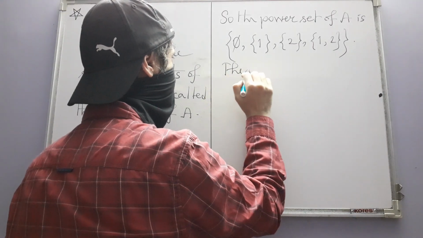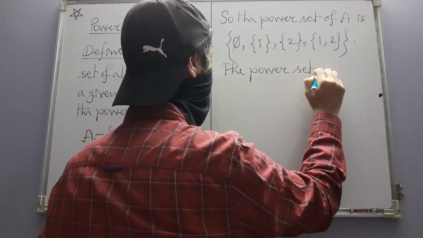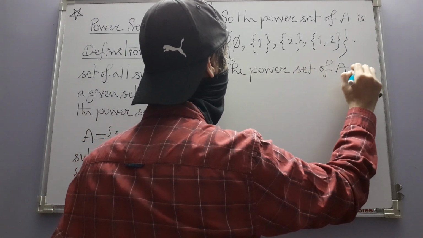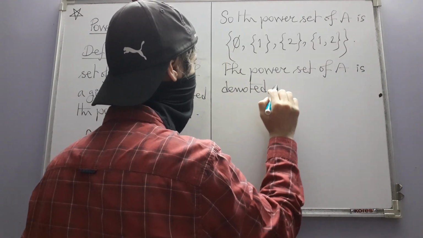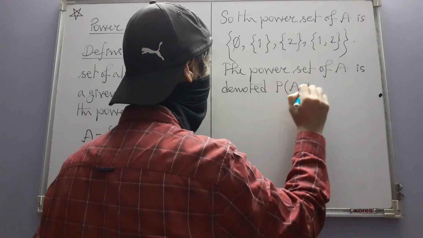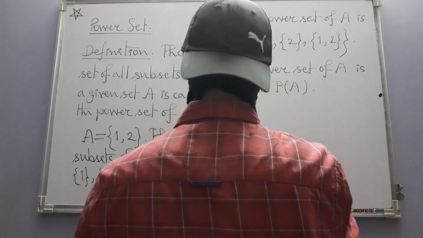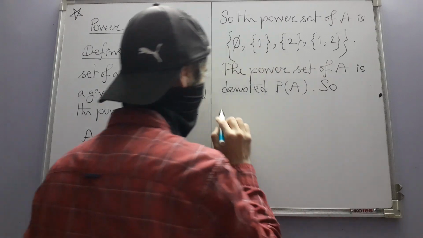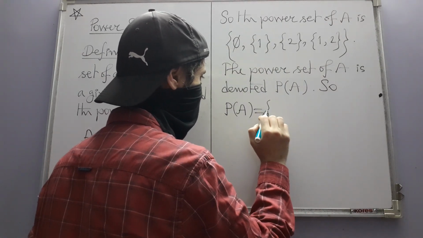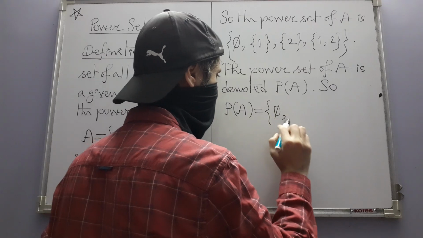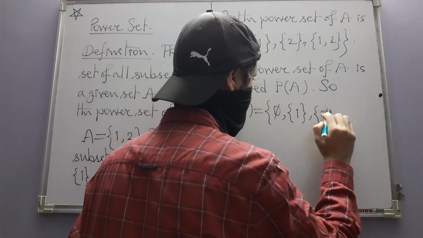The power set of A is denoted as P of A, power set of A. So for this particular A, P of A is equal to this.